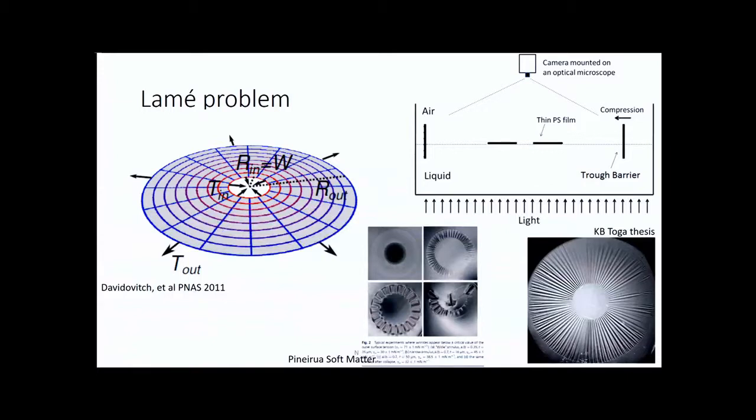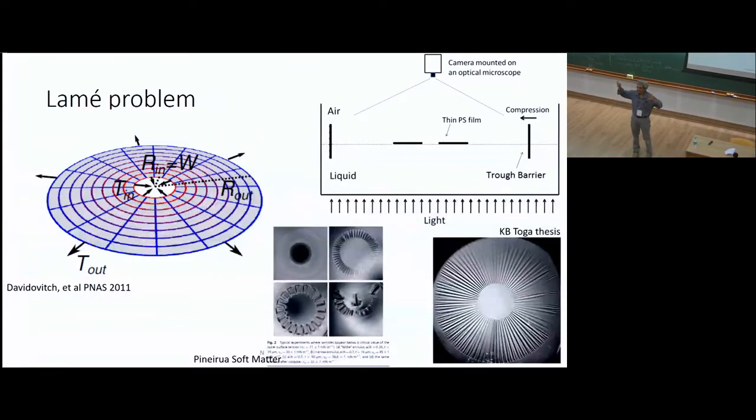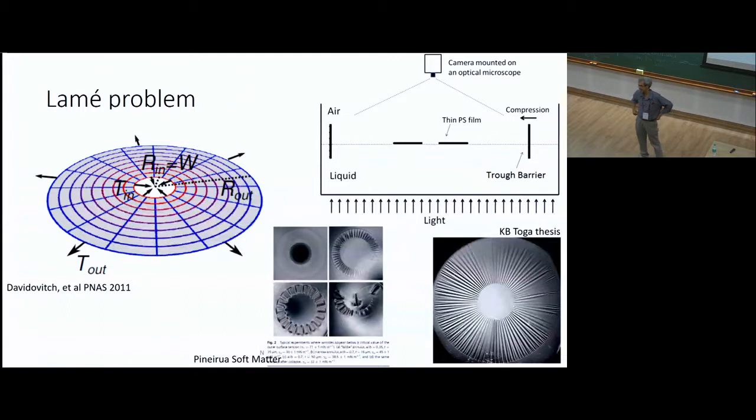What are the dimensions of these things? I haven't said much about experiments so far. These plasticky, golden brown looking things have a thin dimension of 10 nanometers to a few hundred nanometers. The lateral dimensions are millimeter to centimeter.